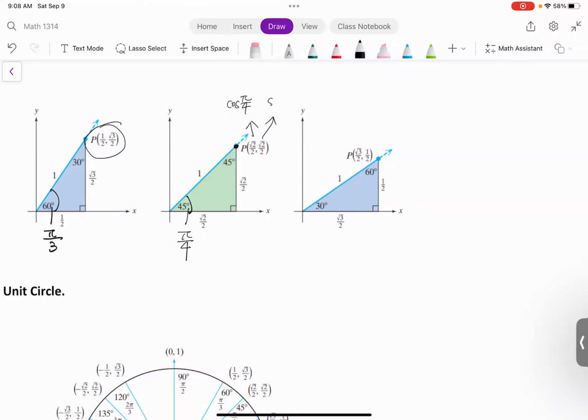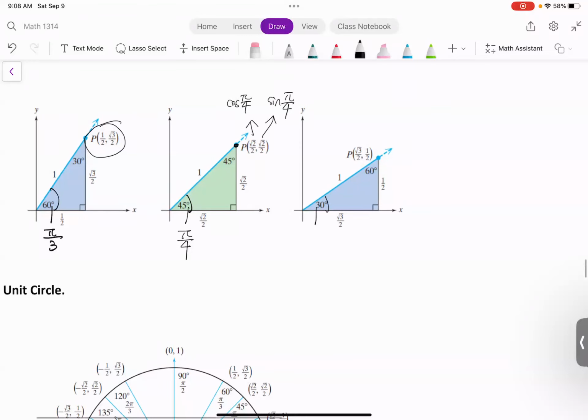The second coordinate is sine pi over 4, which is square root of 2 over 2. The next point P represents theta equals pi over 6, which is 30 degrees. The first coordinate represents cosine 30 degrees, or pi over 6, and the second represents sine pi over 6. They are square root of 3 over 2, comma 1/2.